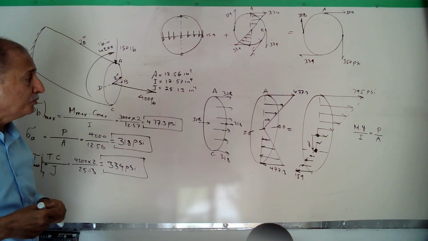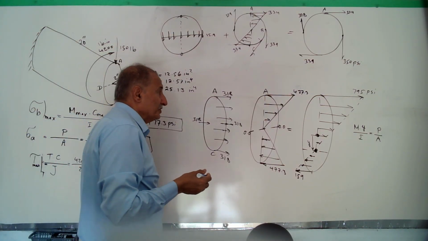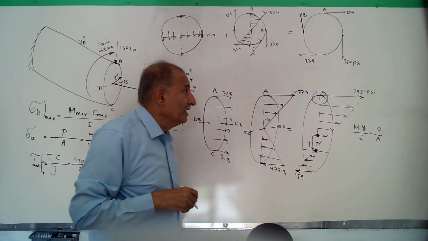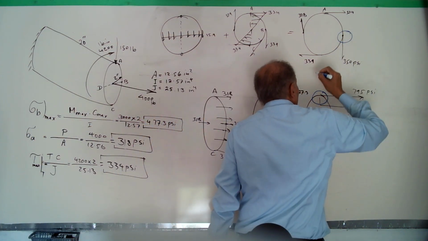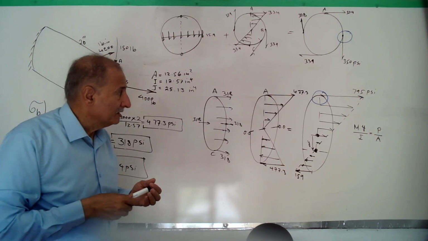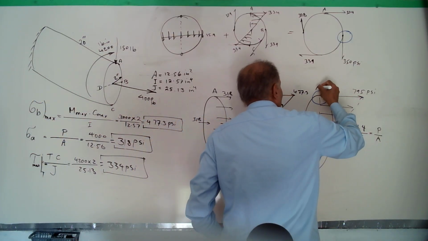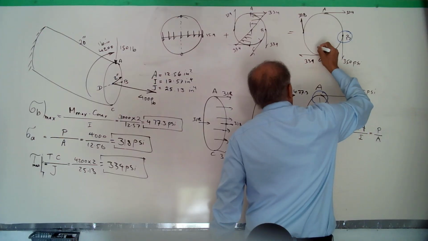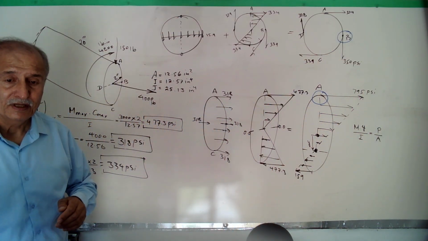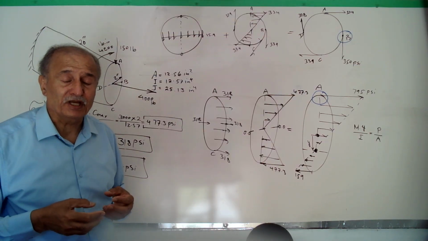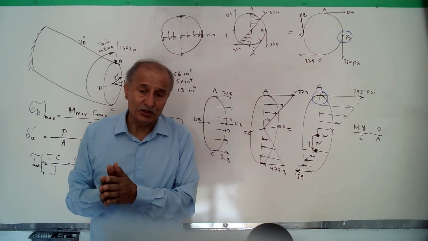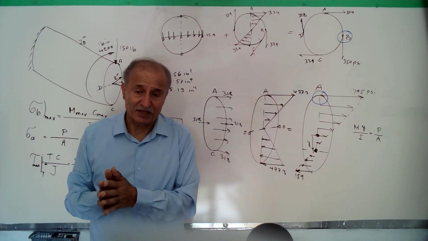What is the critical point at this design? Point A for normal stress and point B for shear stress. Then we have to study the combination of normal stress and shear stress at that point.